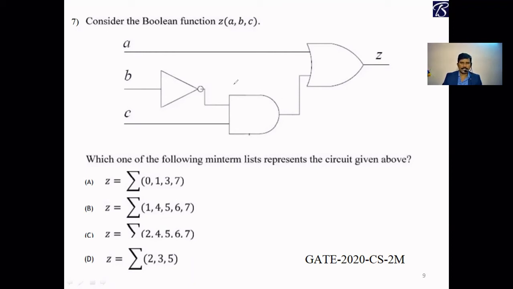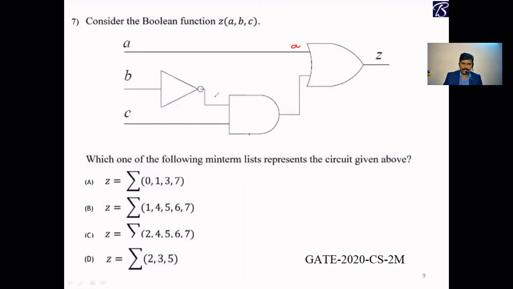So just write the expression for Z and convert it into standard SOP. You will find the minterms. If you observe this logic diagram, this OR gate is there. The input is directly A. Here, what is the input of this other OR gate?